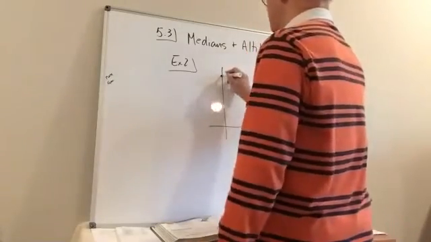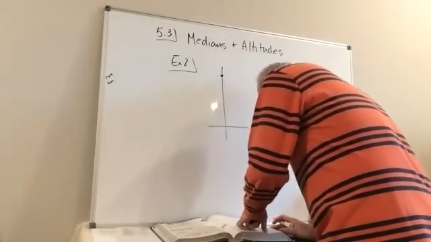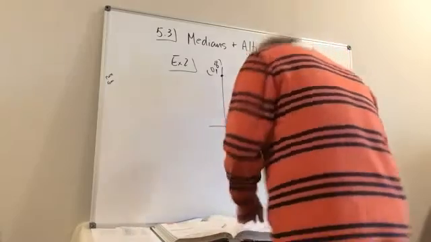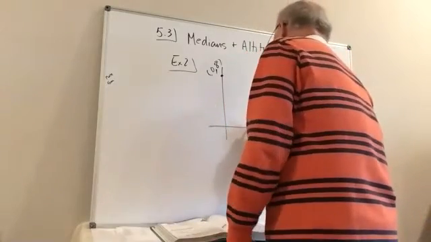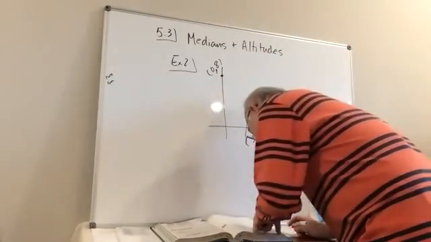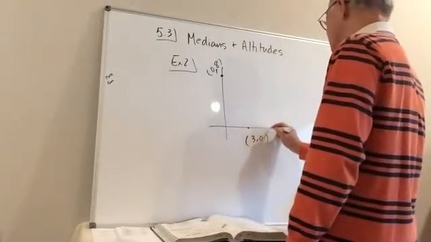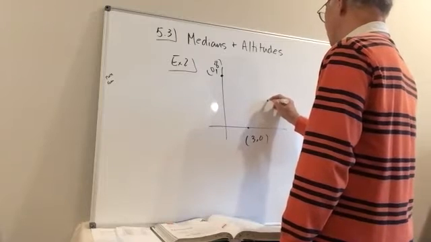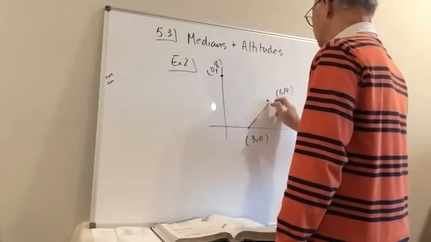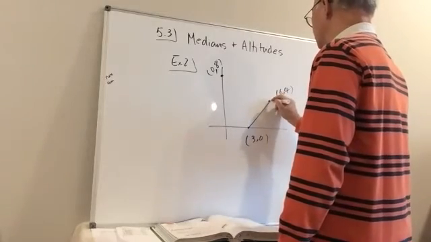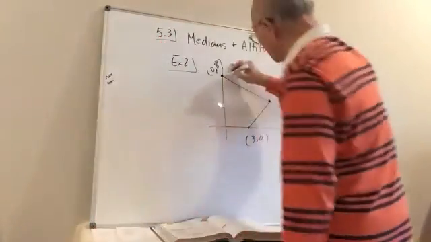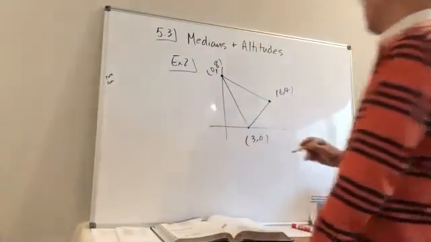I have this point here as 0, 8. Then I have here 3, 0. And the other point as 6 and 4.